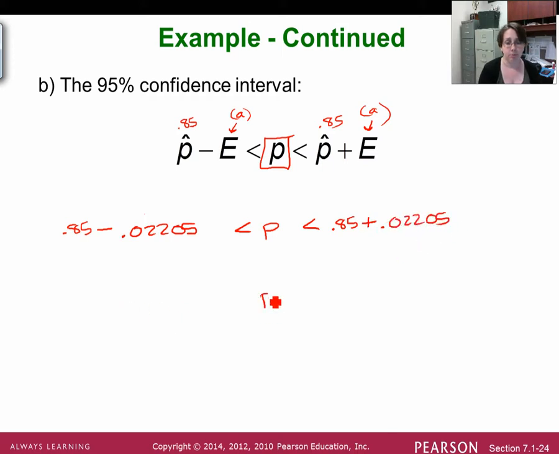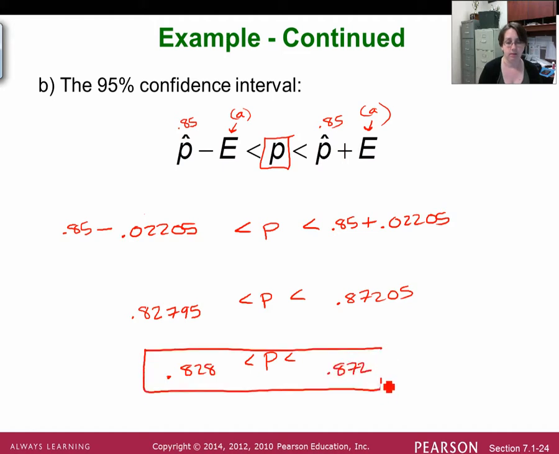Alright, so we keep our P in the middle. And then we round to 3 significant figures. So 0.828 and 0.872. There you go. So this is our confidence interval.